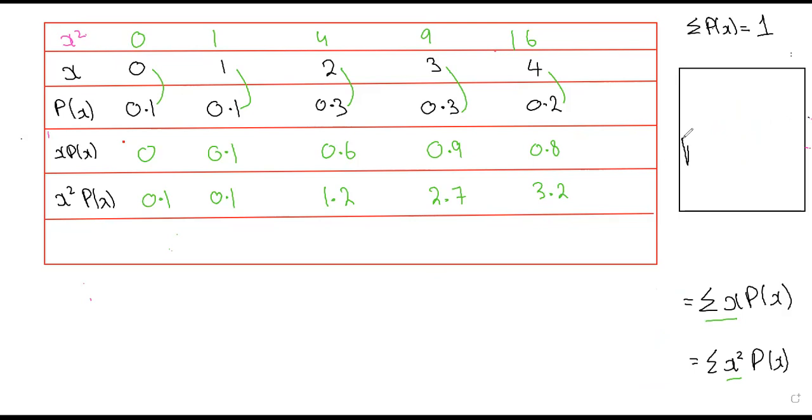It is going to be the summation of x squared p(x), minus the summation of x p(x), squared, divided by summation p(x), divided by summation p(x).